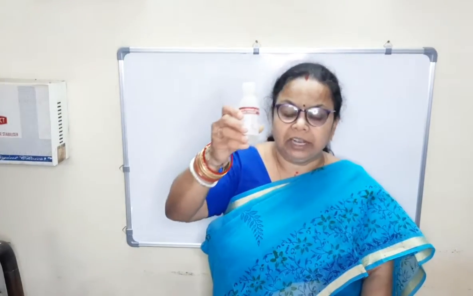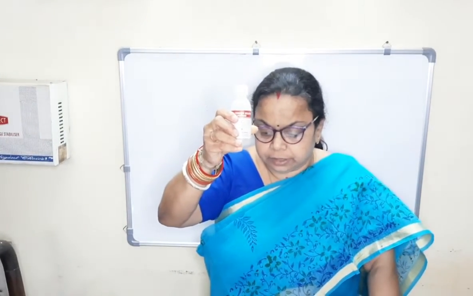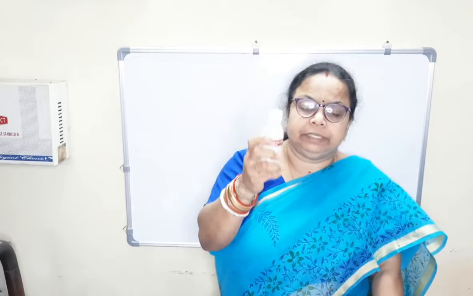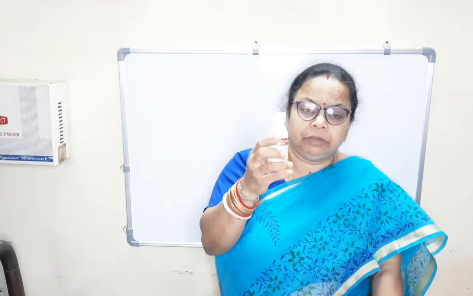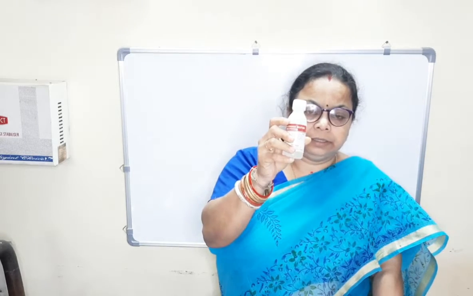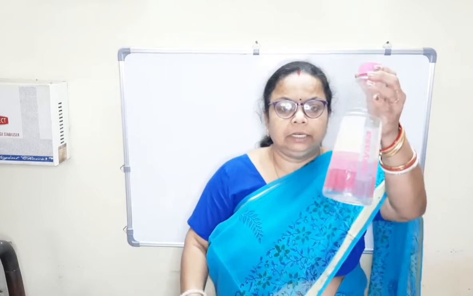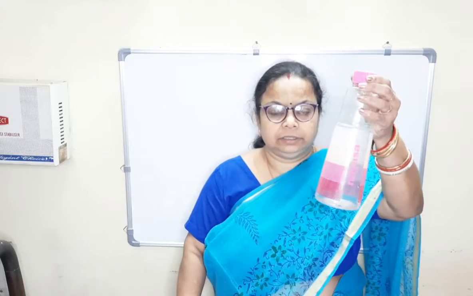Children, you see, here is 100 milliliter. 10 times of this bottle, when you add 10 bottles and when you pour, it is what? It is 1 liter.